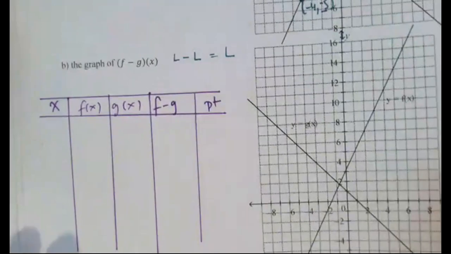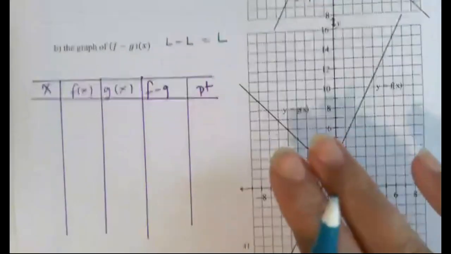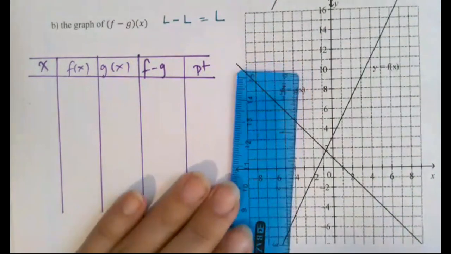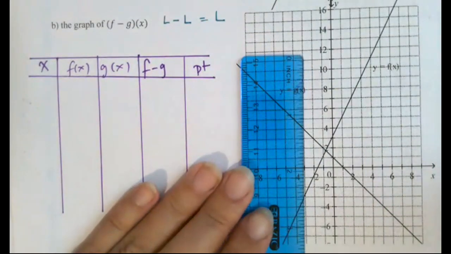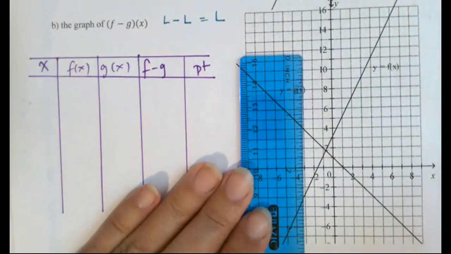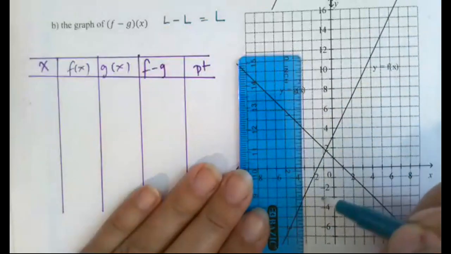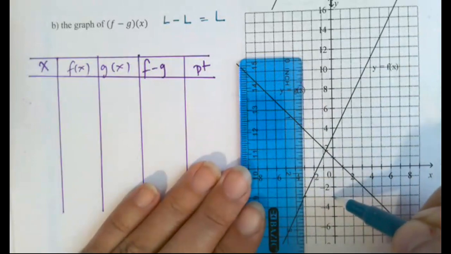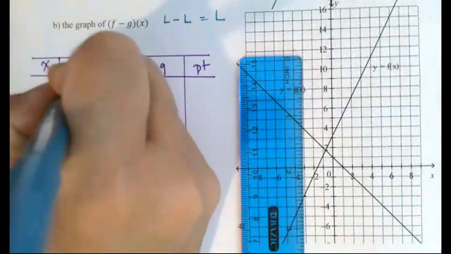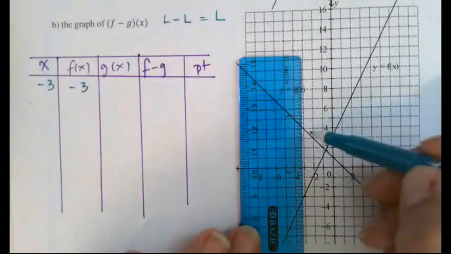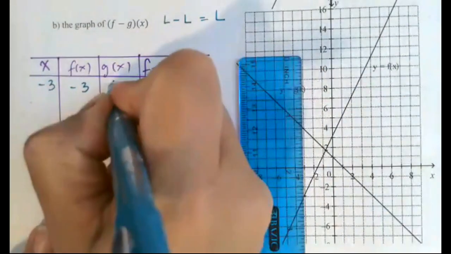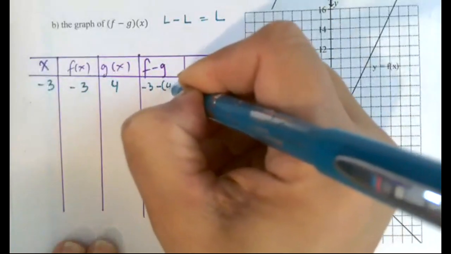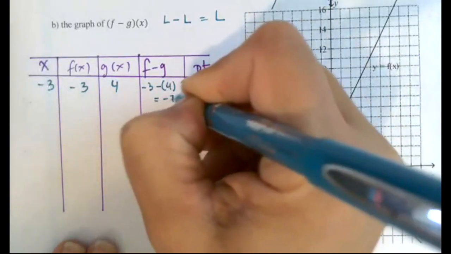So I'm going to start the first one with -3, because we haven't chosen -3 yet. Exactly the same process. At -3, function f is at -3 as well. Right there, -3, read it. And the function g is at 4. So -3 minus 4 is -7.